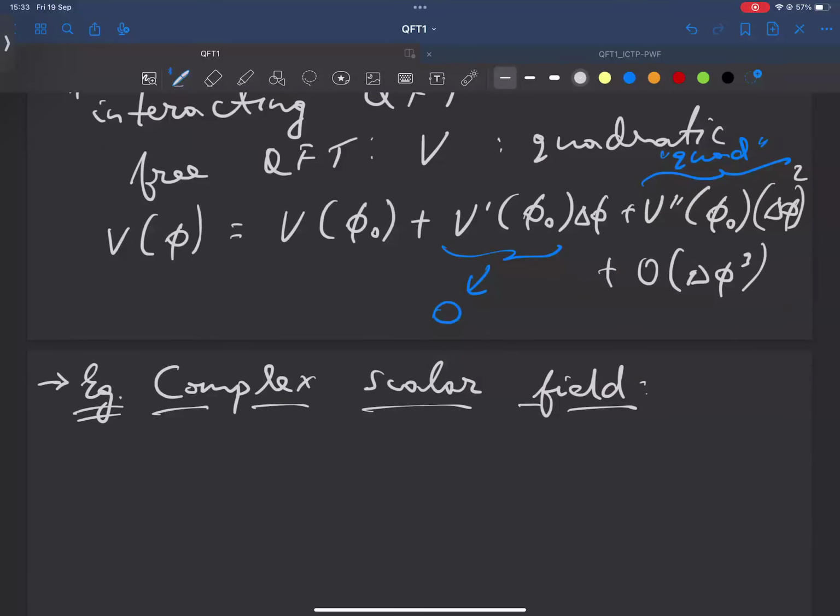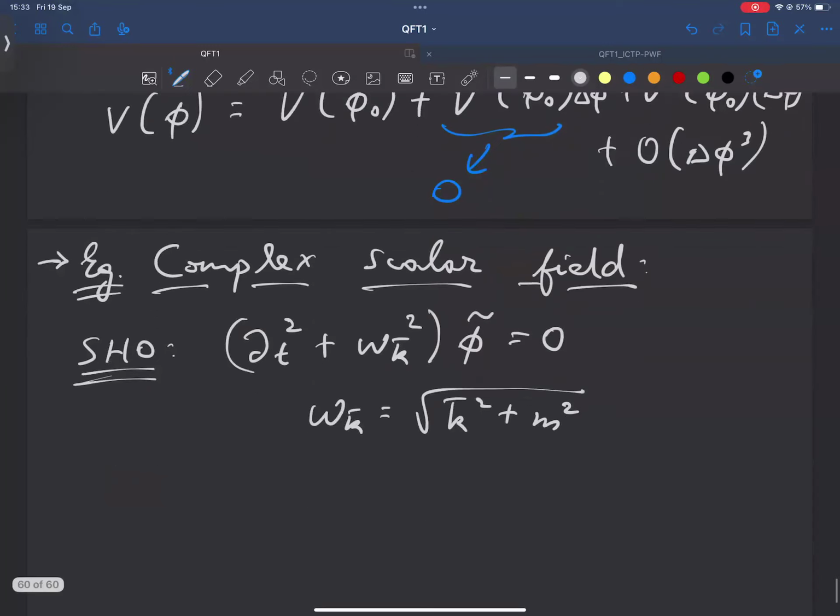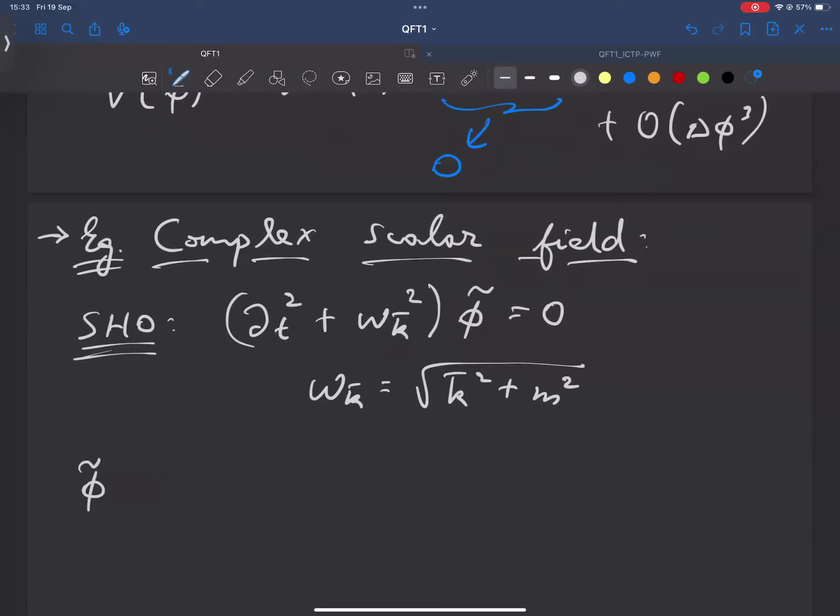Just like in the language of simple harmonic oscillators, we showed that this is the wave equation satisfied by phi tilde, with omega k given as k square plus m square. Now we can write down a basis for phi tilde, and I am not deriving this, I am just writing it from your knowledge of simple harmonic oscillators.